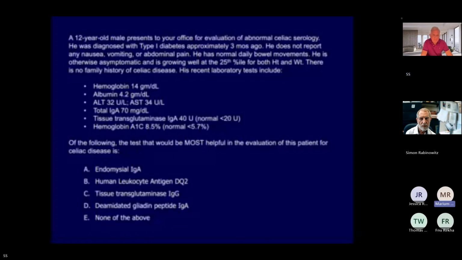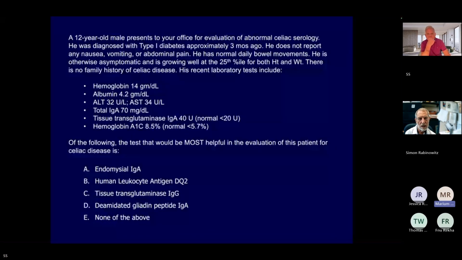I can try. A 12-year-old male presents to your office for evaluation of abnormal celiac serology. He was diagnosed with type 1 diabetes approximately 3 months ago. He does not report any nausea, vomiting, or abdominal pain. He has normal daily bowel movements.